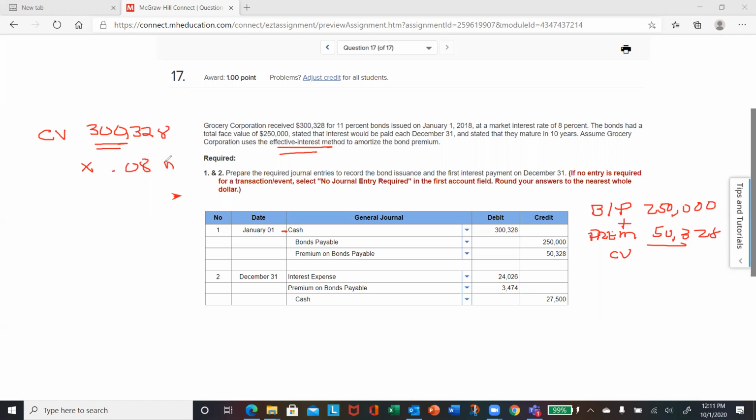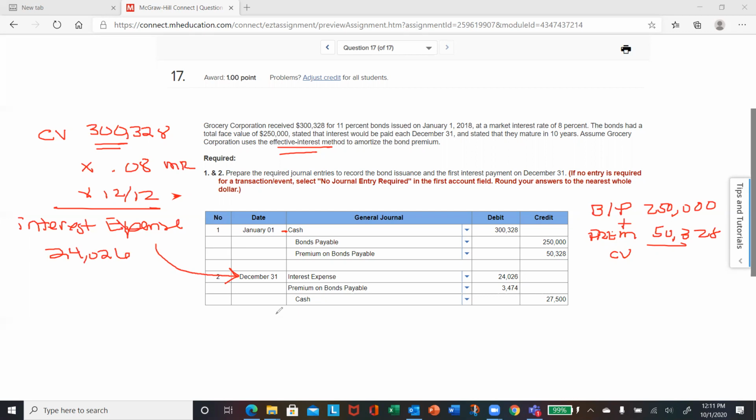So if you take that times the market rate, and again, times 12 over 12, that's going to give you your interest expense. So note, for this method, this is December 31st, there's where they get this $24,026 roughly. That's a direct calculation.